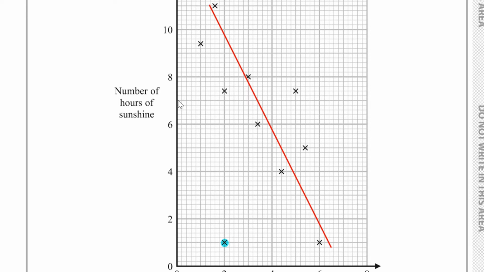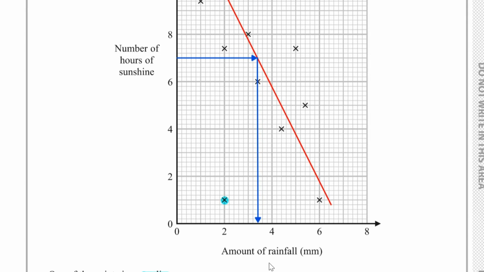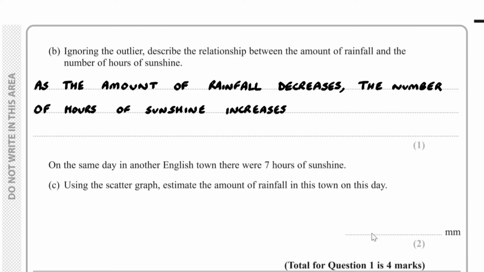Now for 7 hours of sunshine, we read across, then we read down, and what you can see then is there is 3.4 millimetres of rain. So we have 3.4 millimetres of rain.